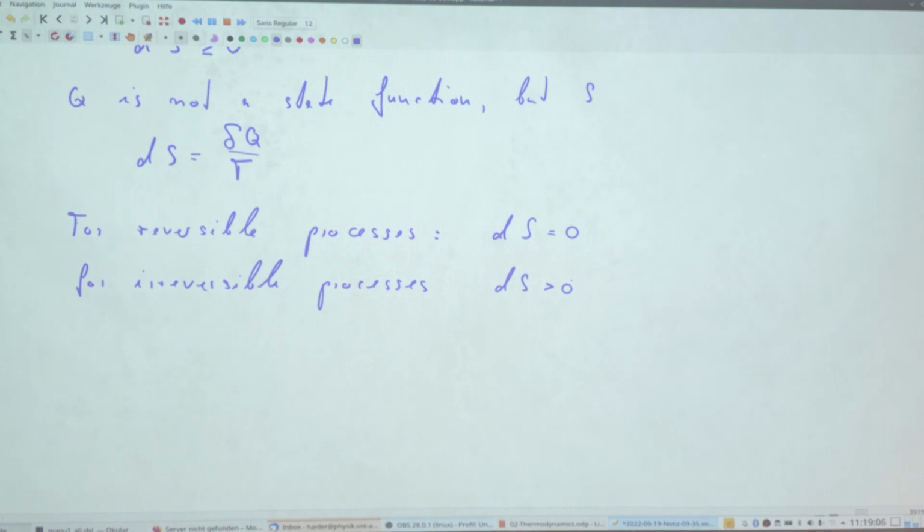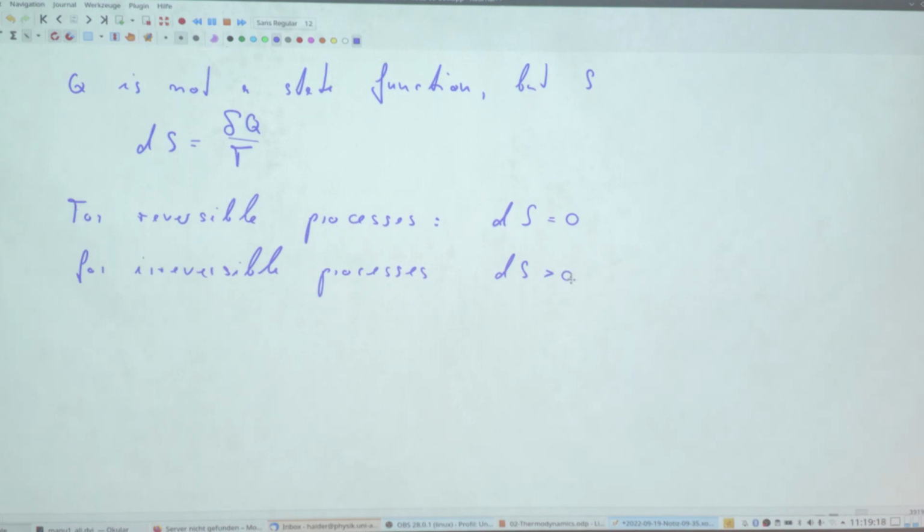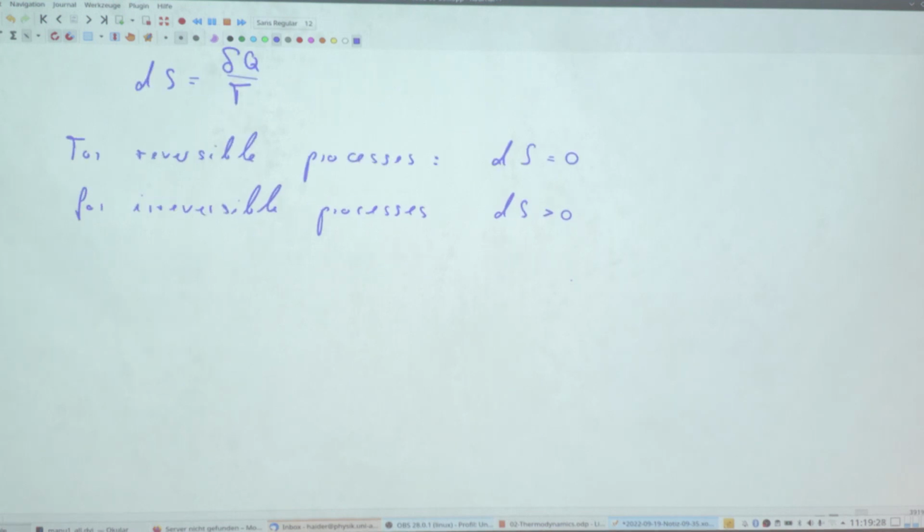Always in a closed system, yeah, of course. We come to a better interpretation of what entropy really means in a moment, or maybe not in a moment. I don't know how much time I'm given.